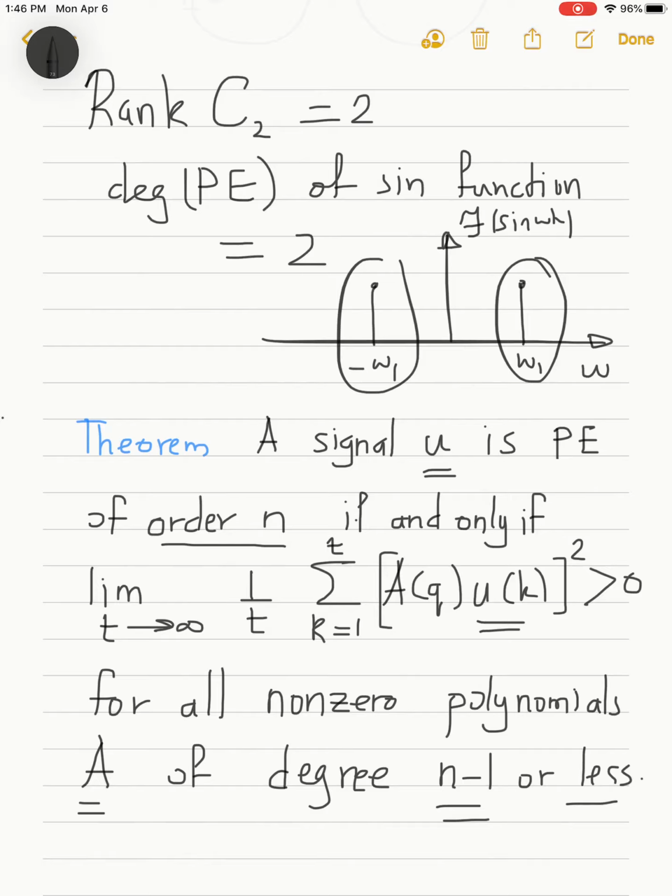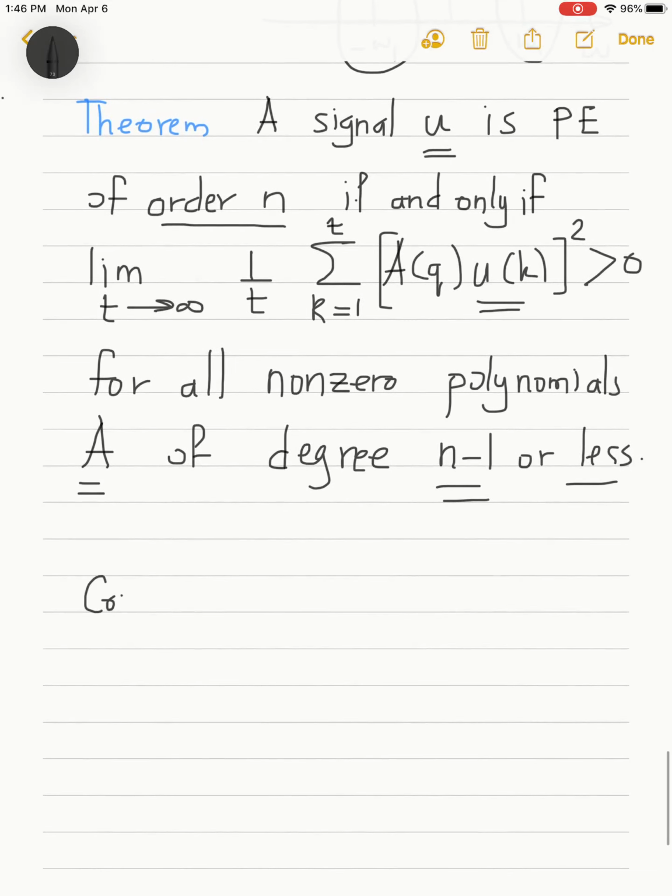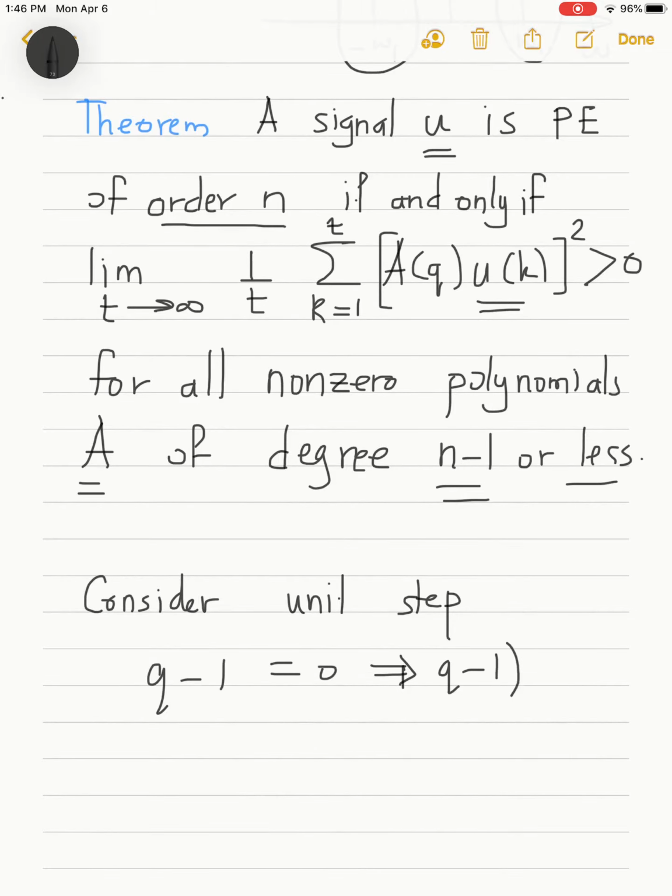How do we implement that theorem? Actually, we know the characteristic equation of the common signals. For example, if we consider the unit step, we know that the characteristic equation of the unit step is q minus 1 equals 0, because if we multiply q minus 1 by the unit step, that would give us 0.